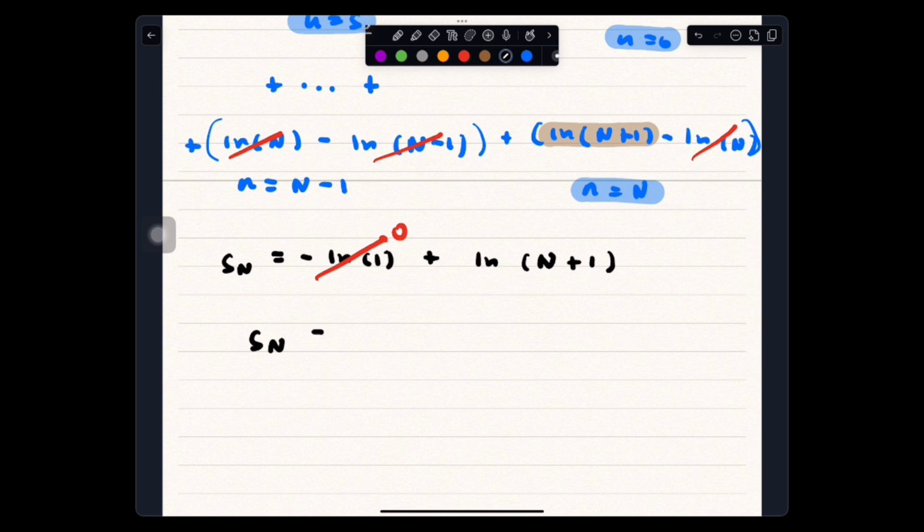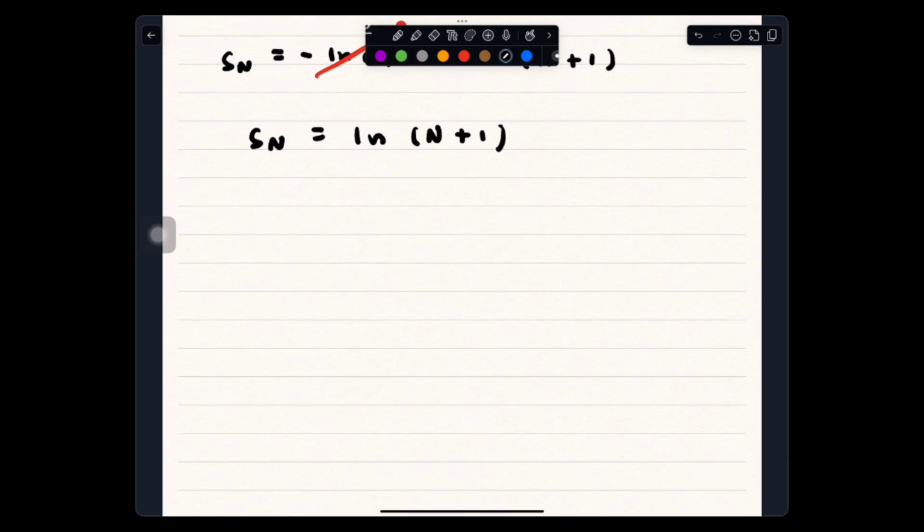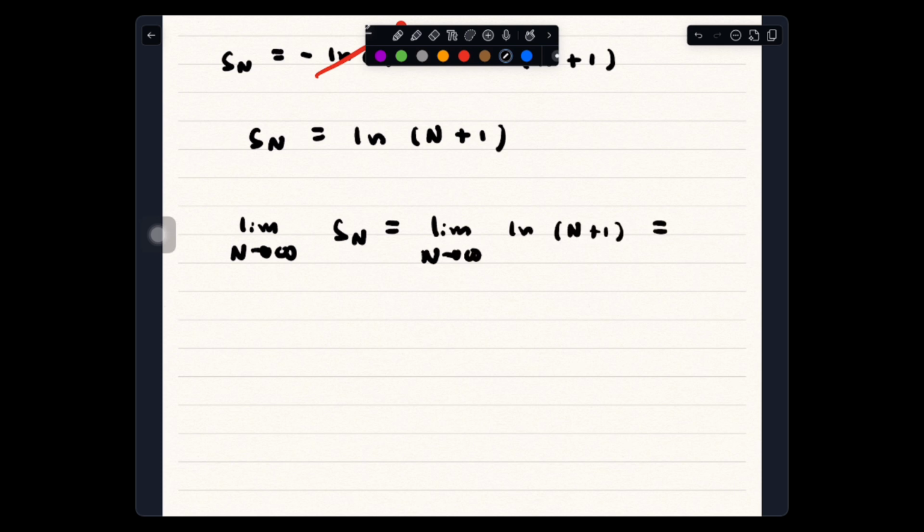So, ladies and gentlemen, your sequence of partial sums in closed form is just the natural log of n plus 1. So what that means is the limit as big N plus 1 goes to infinity is really the limit of what? What does that equal? Infinity.